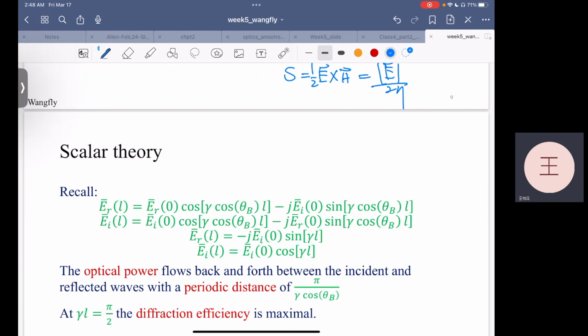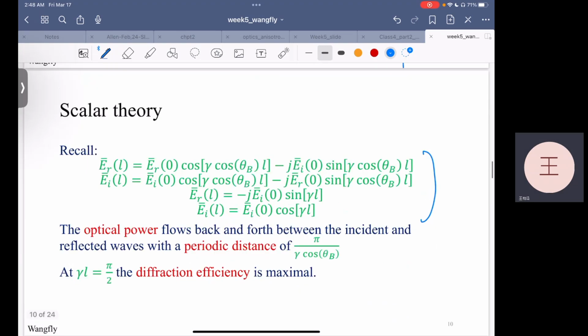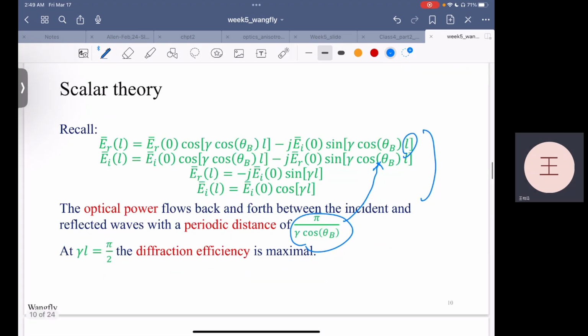Recalling all we have, we find that there is a periodic distance, and it is literally this one. Plug this in here and you may find it is a standing wave with a periodic distance.